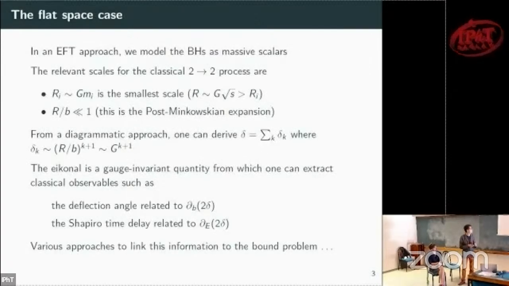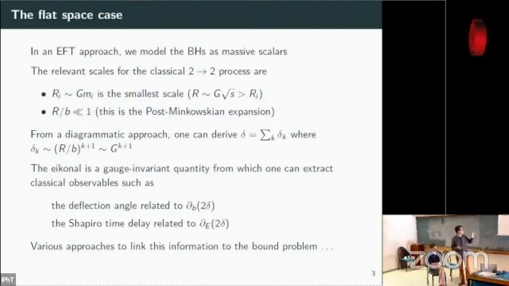People have been discussing these deltas here. You should think about them as a function of b, the impact parameter, and a function of the kinetic energy of the object. Basically, you want the relative boost gamma of the two objects, and that is kept exact in this process, and you can do small v, large v. You can interpolate.